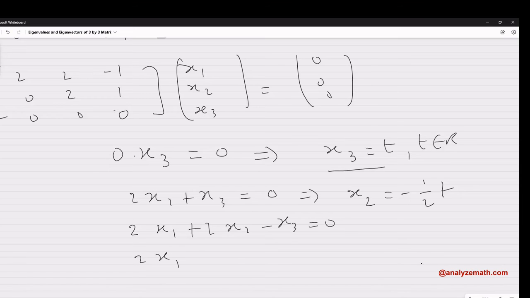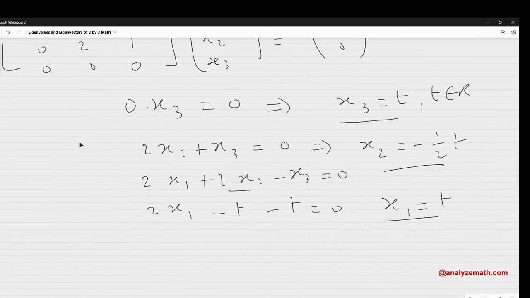I substitute 2x2, and when I go here, that gives me minus t minus x3. x3 is t, so this is also minus t. And when I solve, this gives me x1 equal to t. That's it. We have the three components.